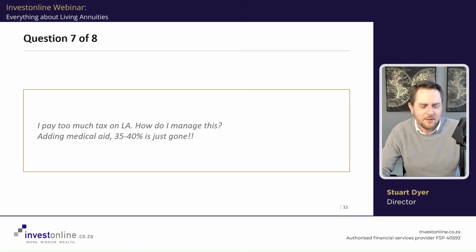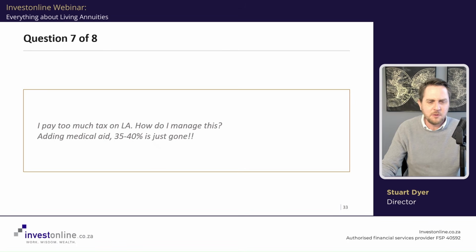Oh, interesting one. Obviously, I don't know the situation, so it's difficult to advise on how to draw tax. So the big thing with a living annuity is it's fully taxable income. Often, if you are someone who's put the bulk of your savings into pension money over time, and you get to retirement, so you've enjoyed the tax deductions all along the way.